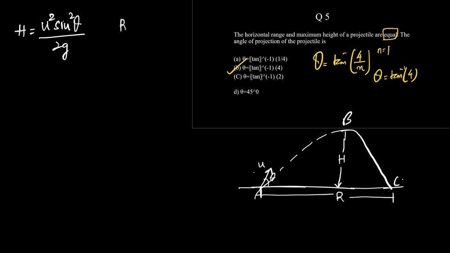And what is R? R is equal to u square sine 2 theta by g.